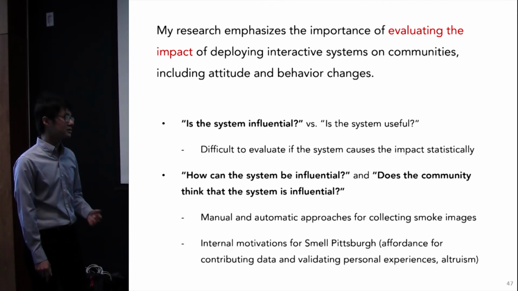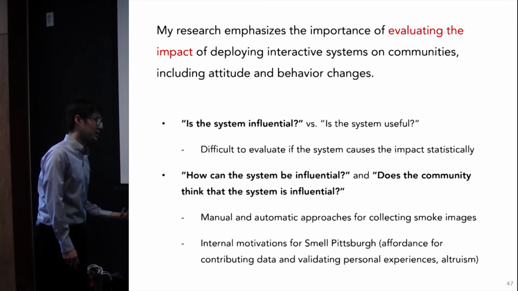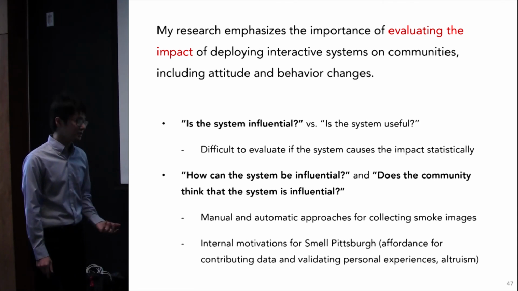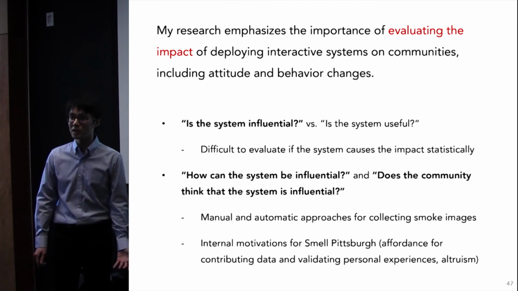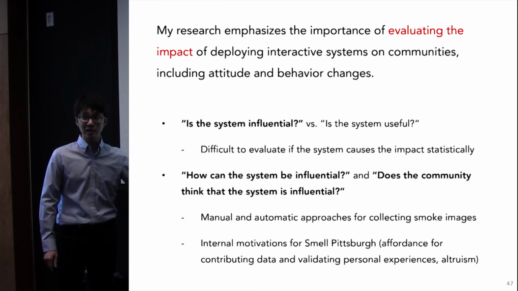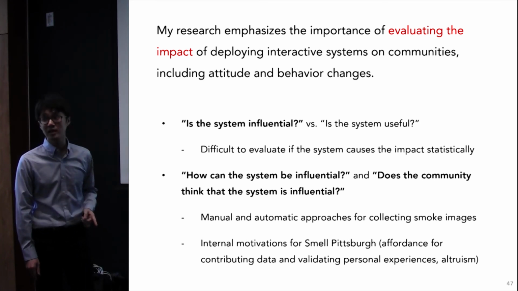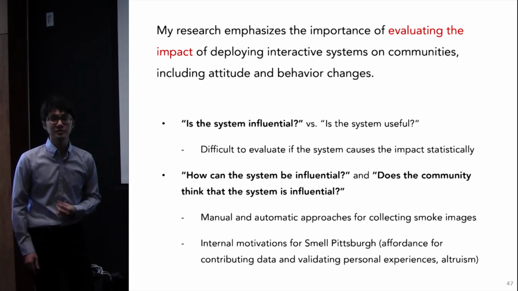The second one is in the survey study of Smell Pittsburgh. I found that the system allows people to contribute data easily and also validate their own experience, and also supports altruism and motivations. These are important for us to do another design iteration and design other system features.